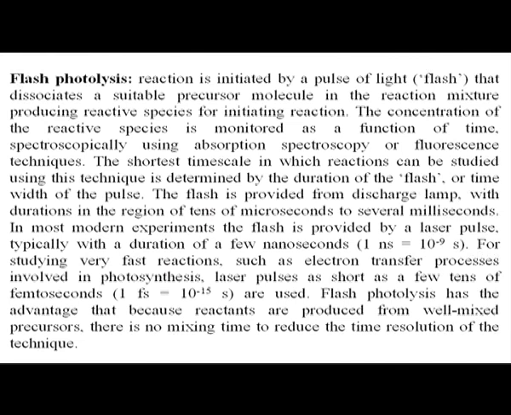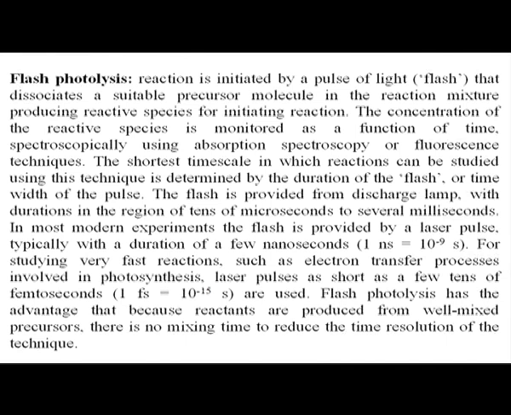But depending on the system that you are using as the lasing substance, your wavelength will be generated. Okay. It may be in the IR region, it may be in the visible, it may be in the UV region, depending on what type of material or lasing system you are using. Anyway, for studying fast reactions such as electron transfer reactions, maybe in photosynthesis, laser pulses as short as a few tenths of a femtosecond, 10 to the power minus 15 seconds, are used.